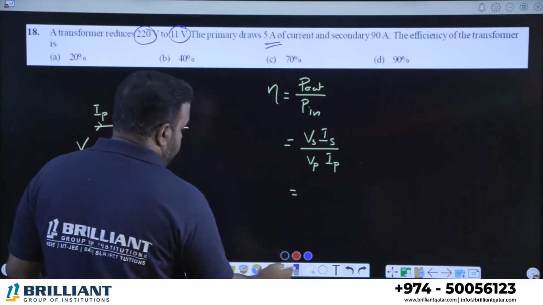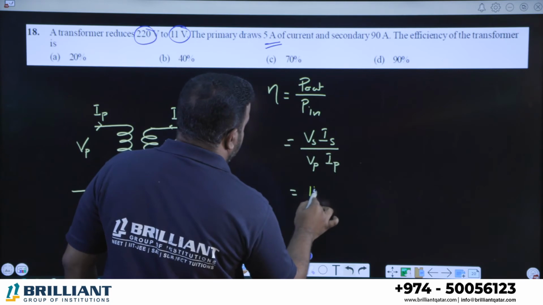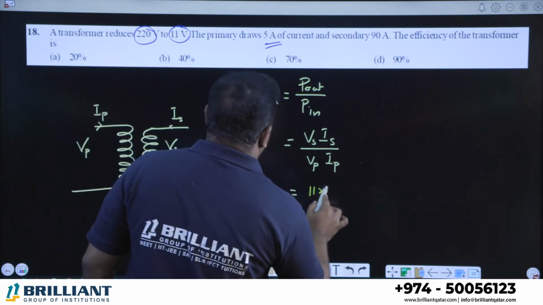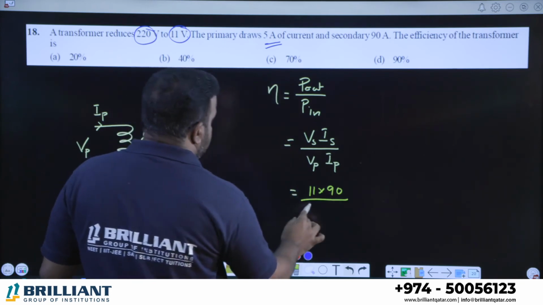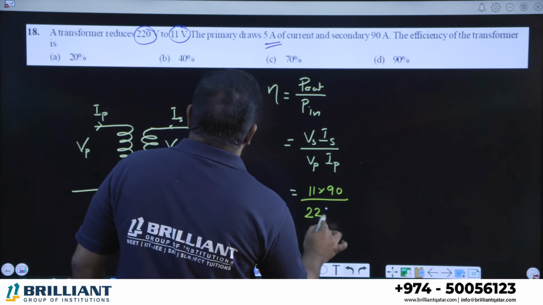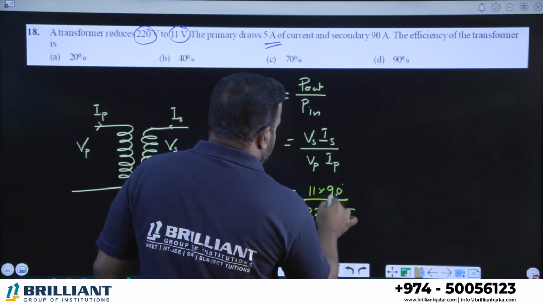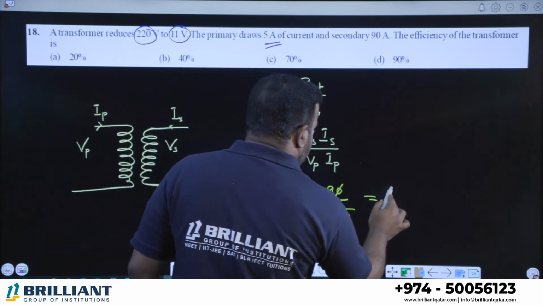So VS is 11 into secondary current 90, divided by VP, primary 220, into primary current 5. So what we get here, 11 by 22 will become 1 by 2.